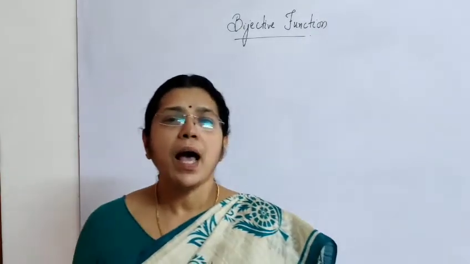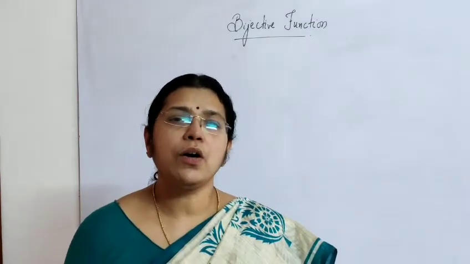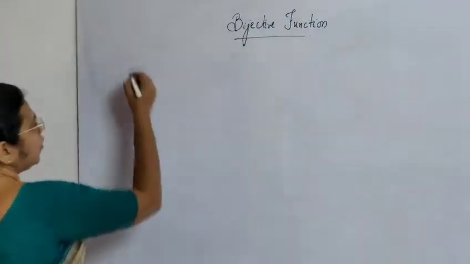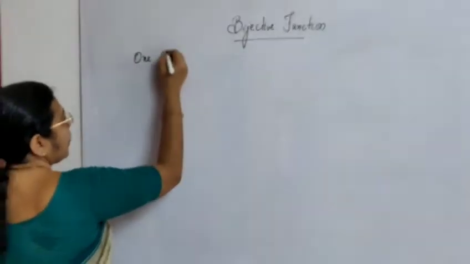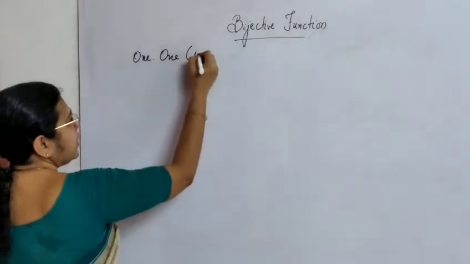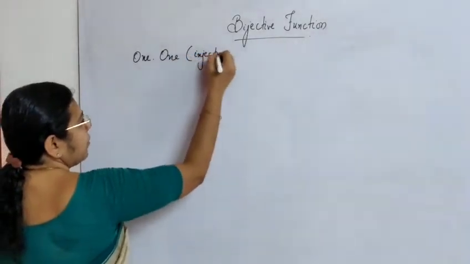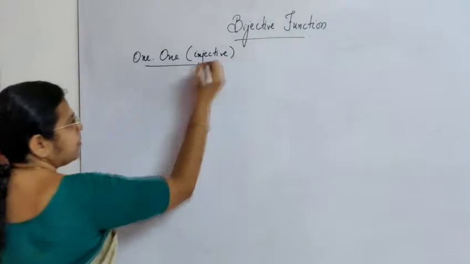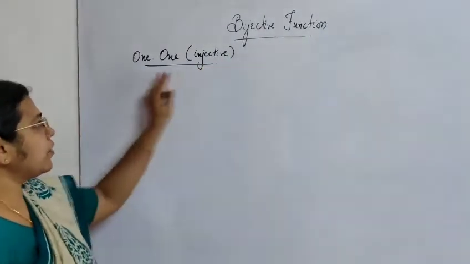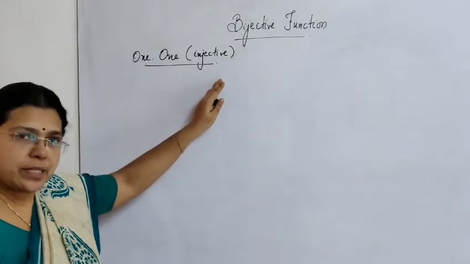A function which is both 1-1 and onto is called a bijective function. Now this 1-1 function means what? What was a 1-1 function? This is also called an injective function. 1-1 is also called an injective function. So 1-1 function or an injective function, what does it mean?